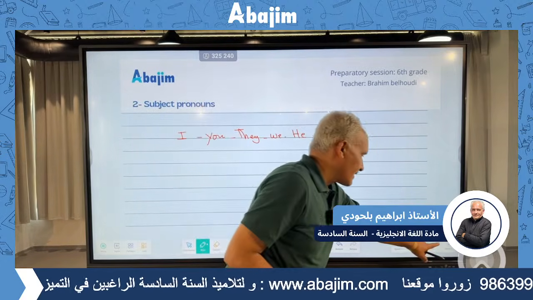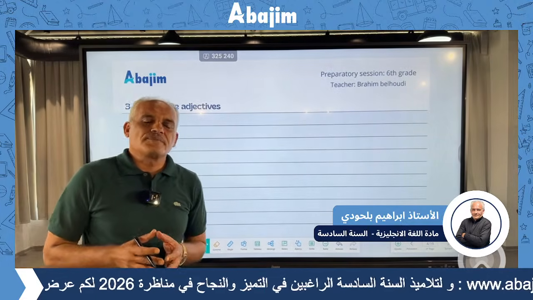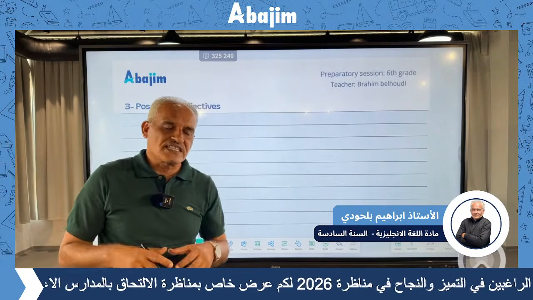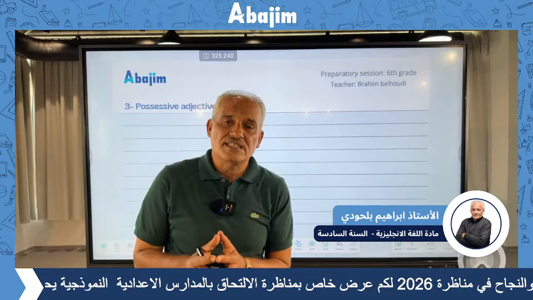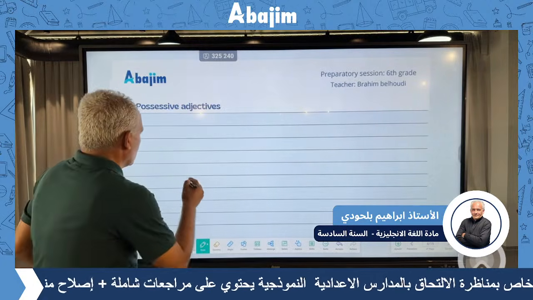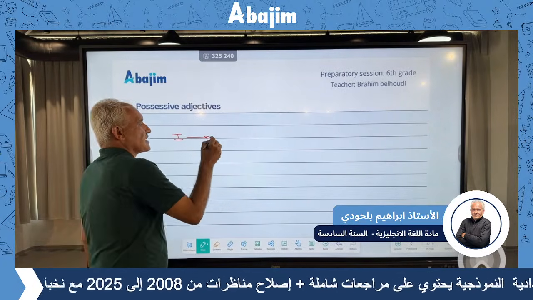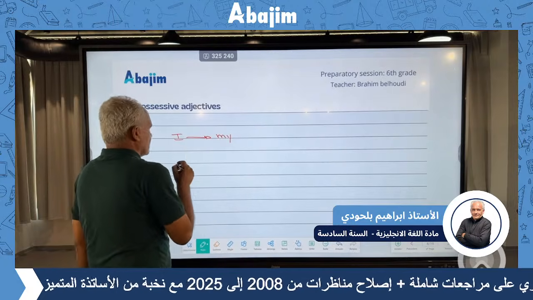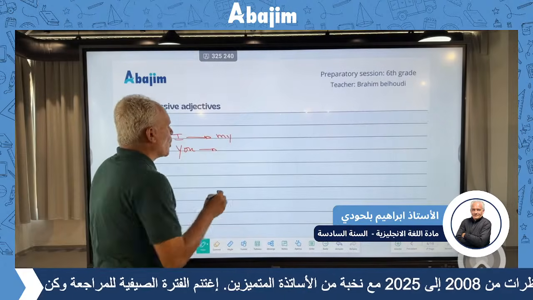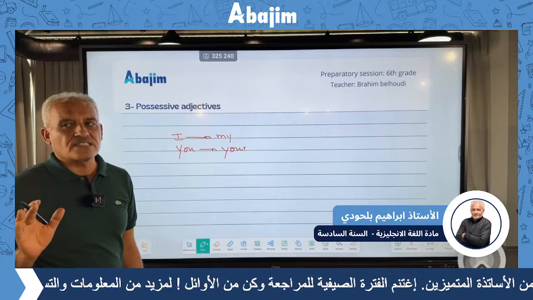The following heading is possessive adjectives. What are the possessive adjectives in English language? First I write the subject pronouns, then the possessive adjectives that go with these subject pronouns. Here we have I. The possessive adjective that goes with I is my. Then you: your. Take care when you pronounce this word, your.